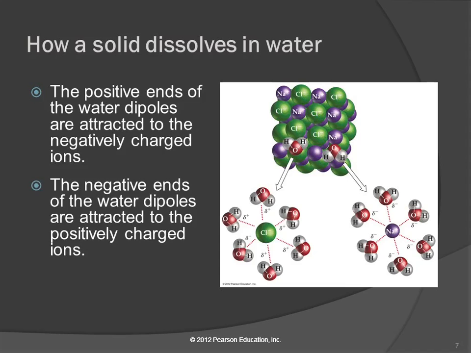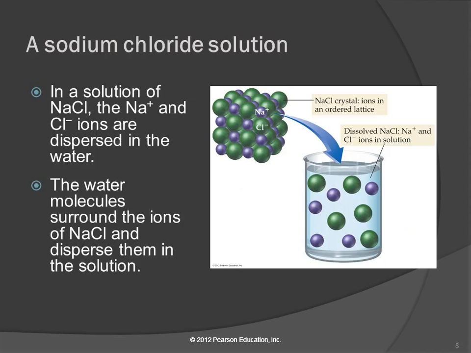In order for something to dissolve in the solvent, there have to be forces of attraction between the solvent and that solute. So when we add salt to water, now obviously that giant block of sodium chloride isn't going to fit in that beaker, but it's an illustration, right?